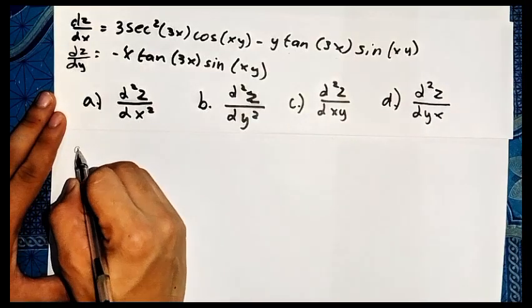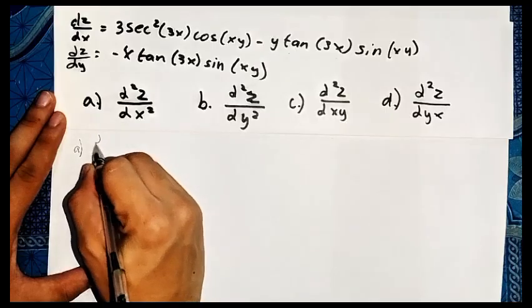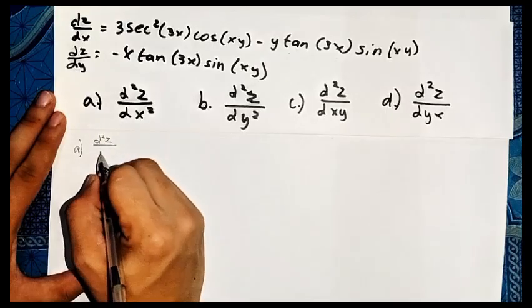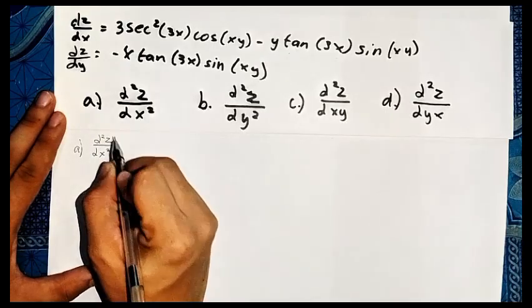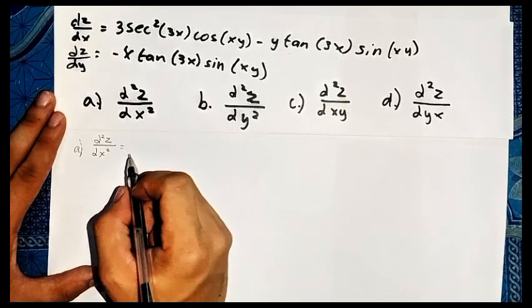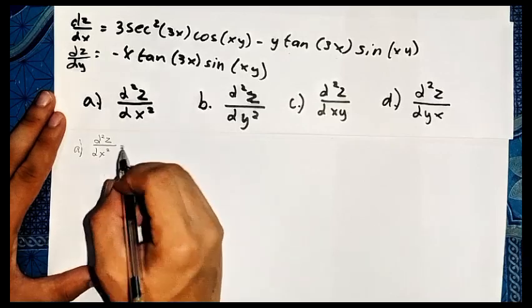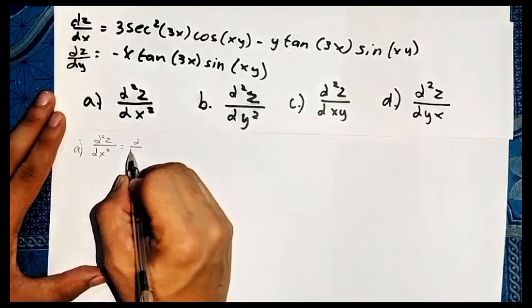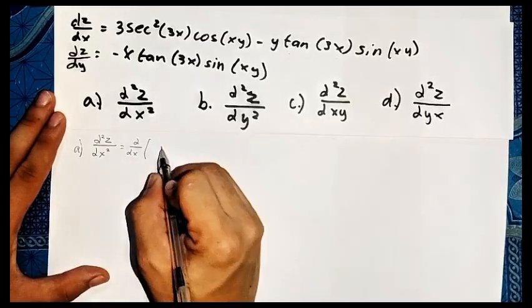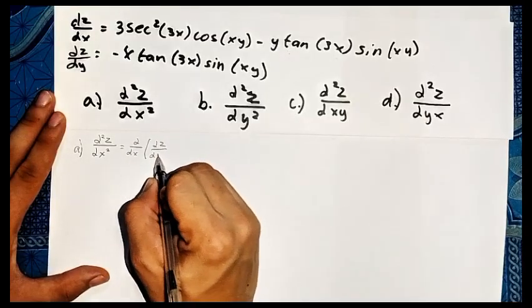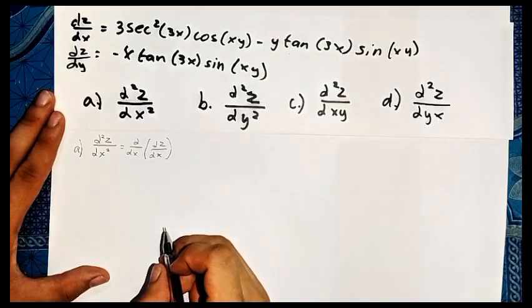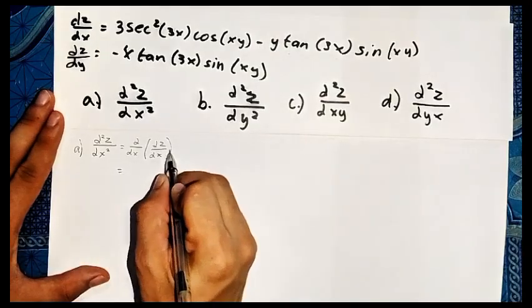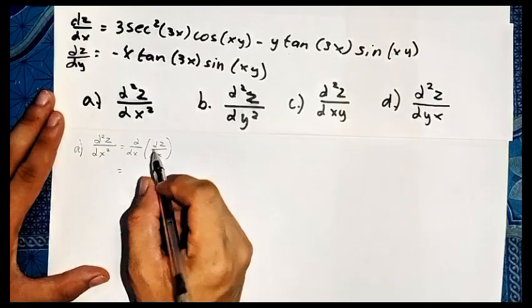Now, let's start with letter a. We have partial squared z over partial x squared. Now, this partial squared z over partial x squared can be written as partial x of partial z over partial x. As you notice, this one is partial z with respect to x.